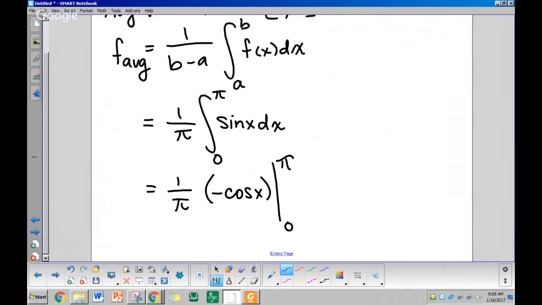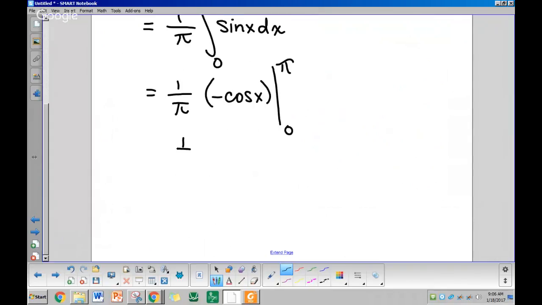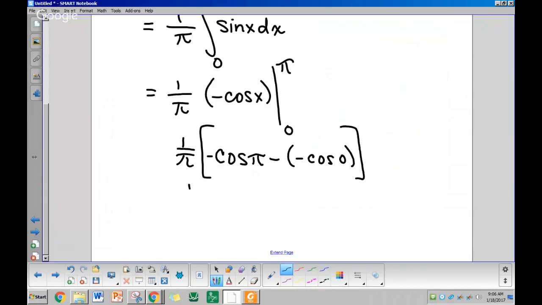pi. And so what we do, we put 1 over pi out here, and then we're going to put negative cosine of pi, minus negative cosine of 0. So this will be 1 over pi times, well, what is cosine of pi?